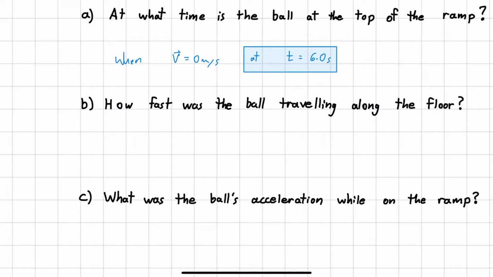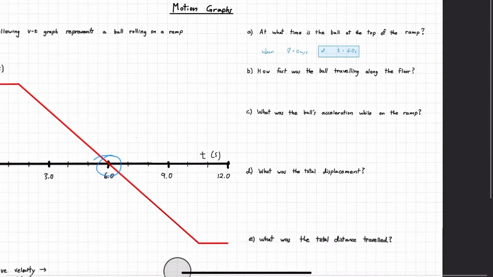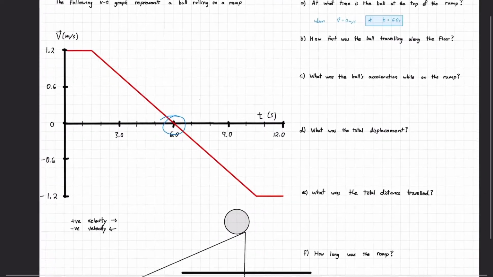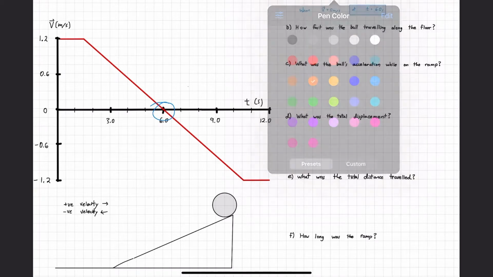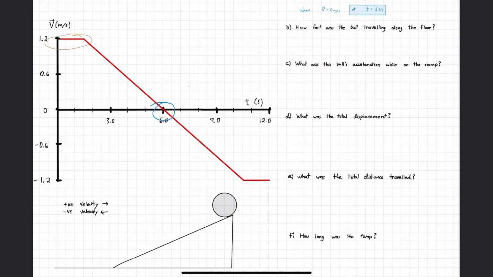How fast was the ball traveling along the floor? Okay, so we're going to use our graph here. At what point on this graph is the ball traveling on the floor? Well, it's at the beginning and the end. So the answer here is we're going to look at, especially the positive answer, 1.2 meters per second.